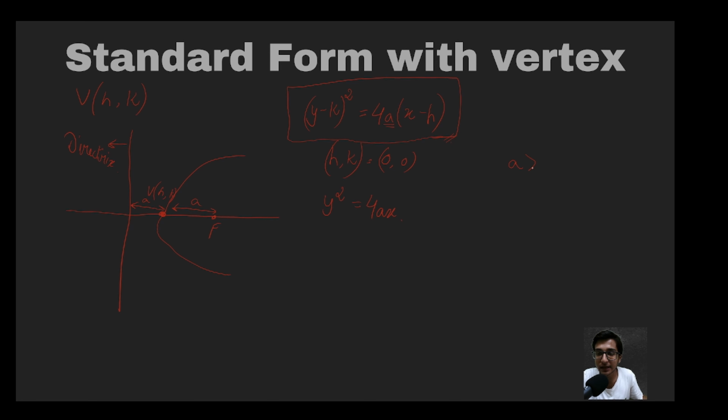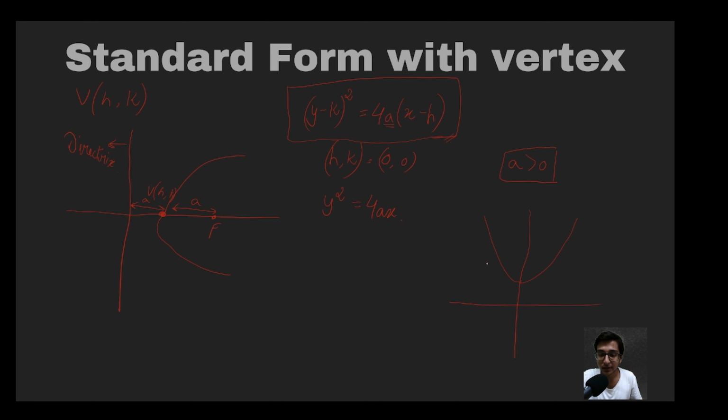Here the value of a is a constant. Let's say a is greater than 0. Of course, a cannot be 0. Had a been 0, then this would have transformed into some other equation, and this would not be a parabola. This would have transformed into the equation of a quadratic. So if a is greater than 0, then of course we would get a right facing parabola or an upward facing parabola.